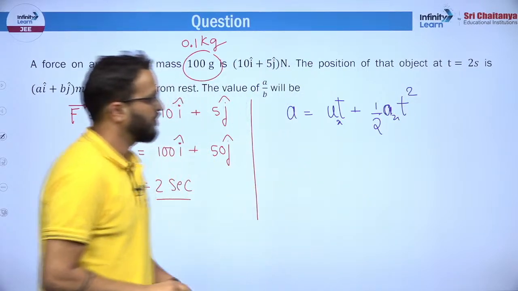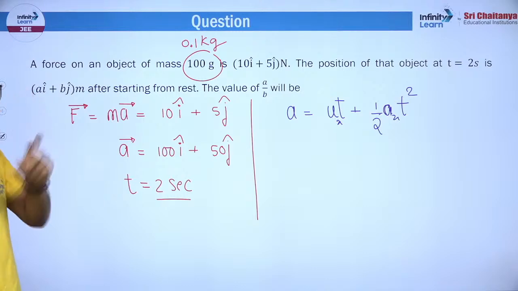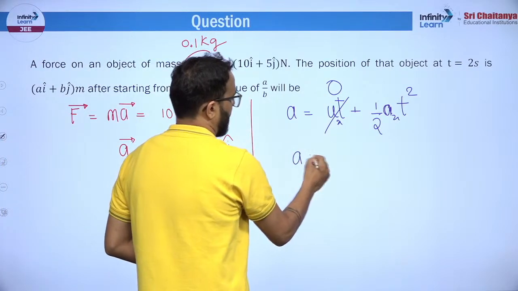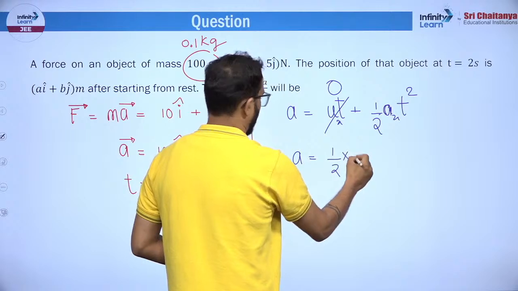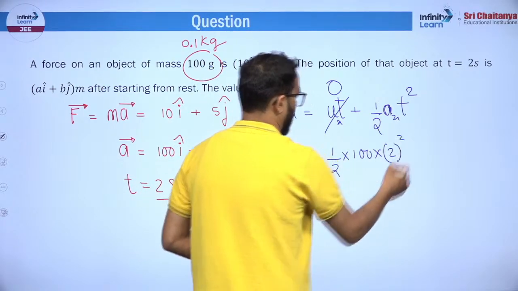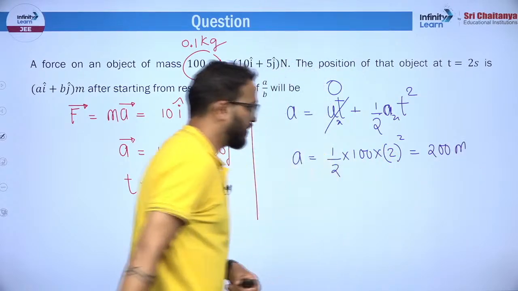Now what is this? Because a is the x coordinate, right? Displacement along x. So initial velocity is 0. So a will be half into 100 into 2 whole square, which will be 200 meters, right?